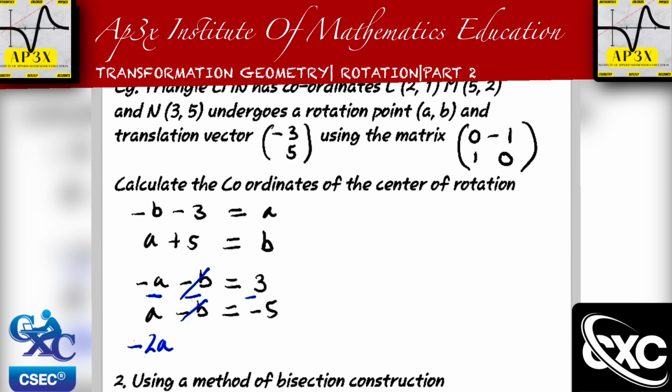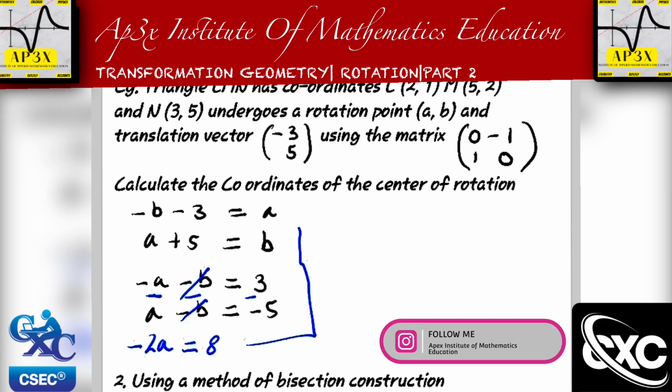Minus B minus B is 0, and then this works out that 3 take away negative 5 is in fact 3 plus 5, which is 8. And so we end up with negative 2A divided by negative 2 is equal to 8 divided by negative 2. It works out that A is equal to negative 4.